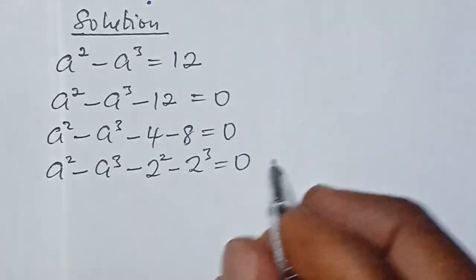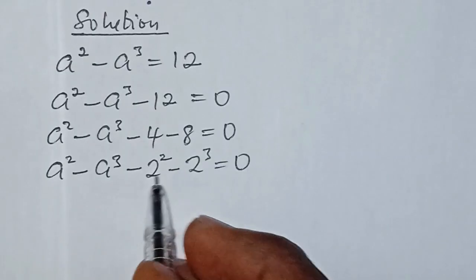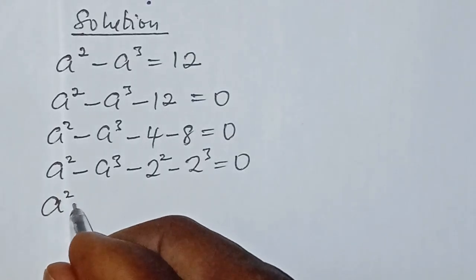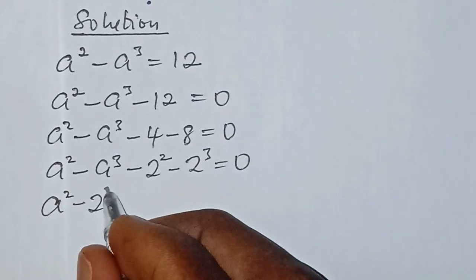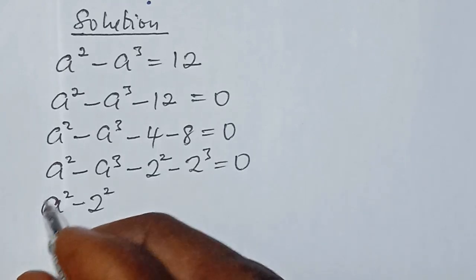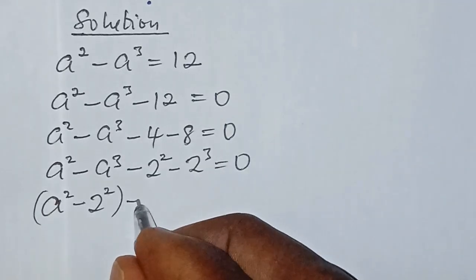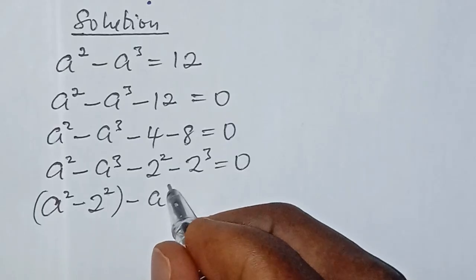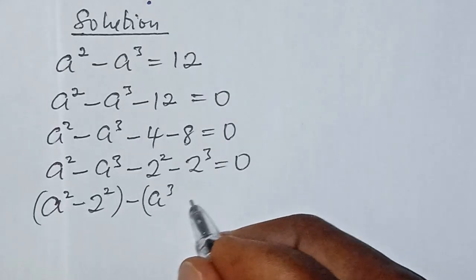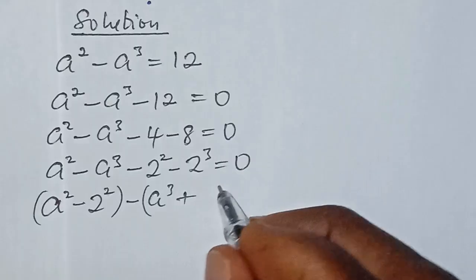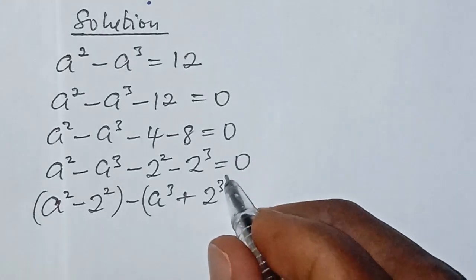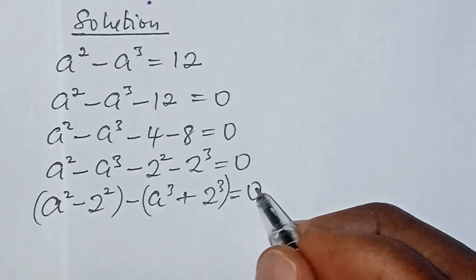Now here we can rearrange this according to the power. So we have a raised to the power of 2 minus 2 raised to the power of 2, into bracket, minus a raised to the power of 3 plus 2 raised to the power of 3, close the bracket, equal to 0.